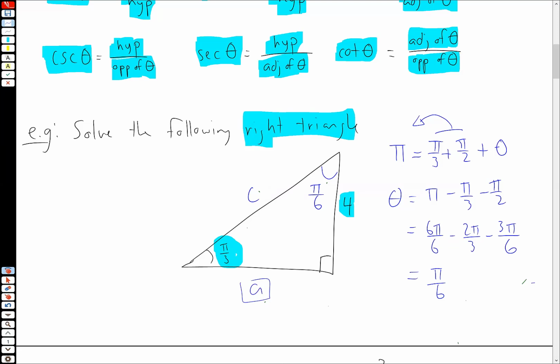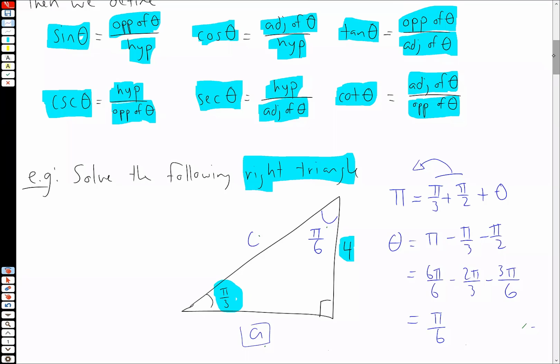For C, we can use any of these trig functions that we have. Let's use sine. We know sine of pi over 3 is equal to the opposite of pi over 3, so that's 4, over the hypotenuse, which is C.